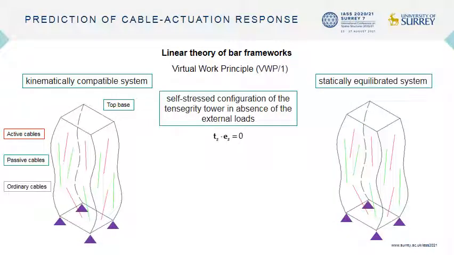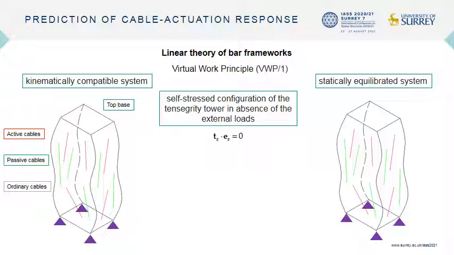The proposed strategy is based on the evaluation of the linear mechanical behavior of the structure in the neighborhood of the self-stress configuration by simulating very small values of the cable actuation length. Calculations can be carried out by considering the virtual work principle applied in 2 different steps. In the first step, the actual self-stress structure is considered as the kinematically compatible system as well as the statically equilibrated system.